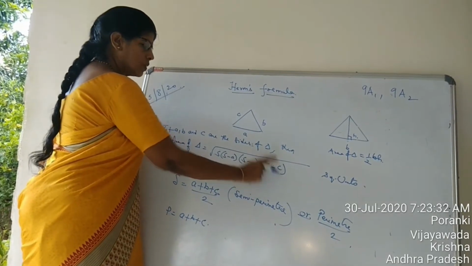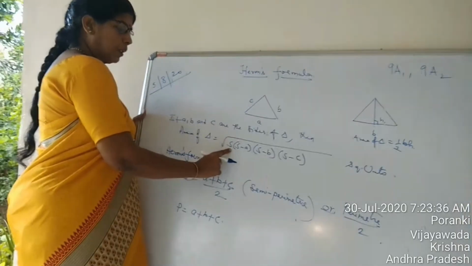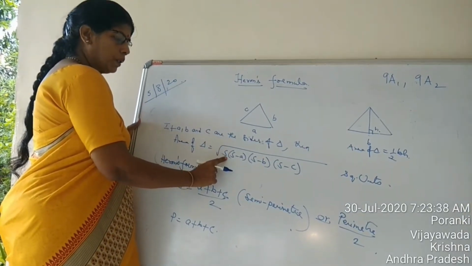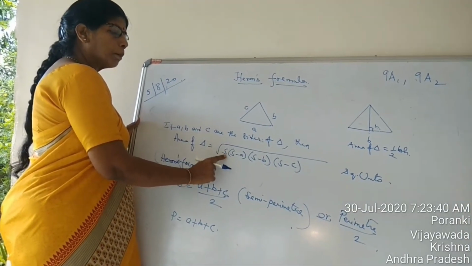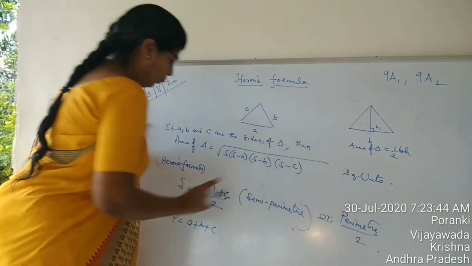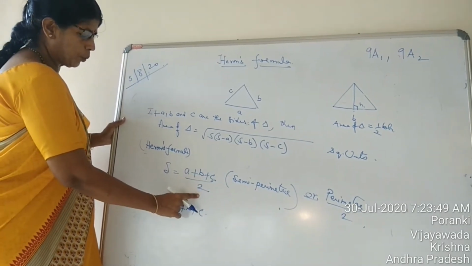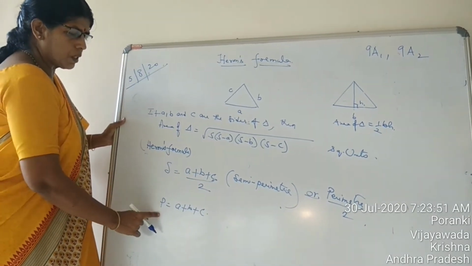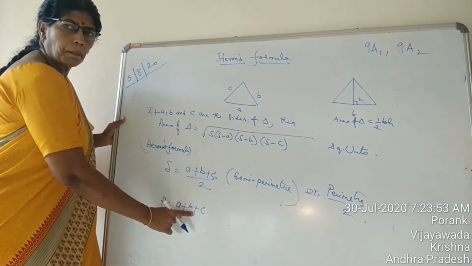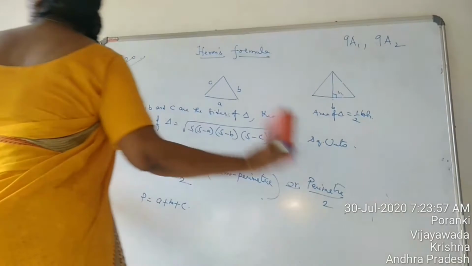What does A, B and C stand for? Sides. And what is S, children? Semi-perimeter. The word semi-perimeter means half of the perimeter or perimeter divided by 2. S is equal to (A plus B plus C) by 2 and perimeter is A plus B plus C.